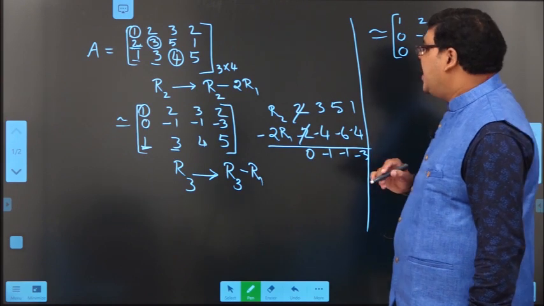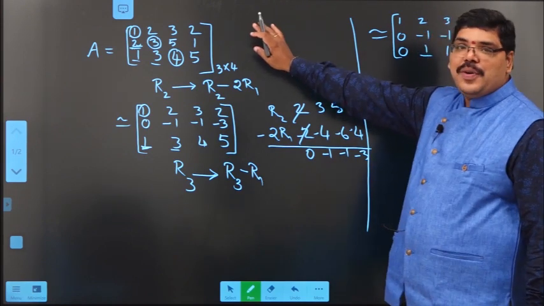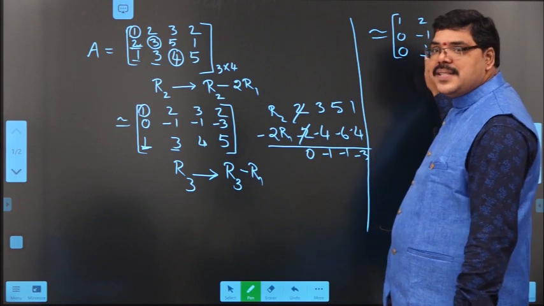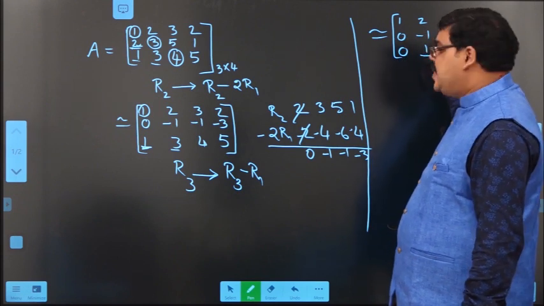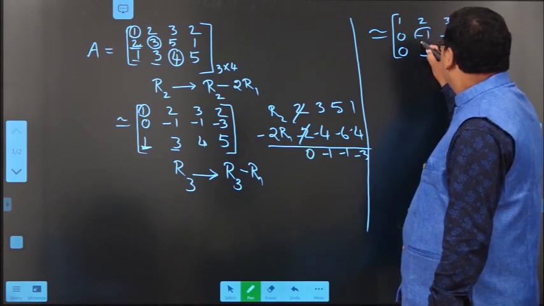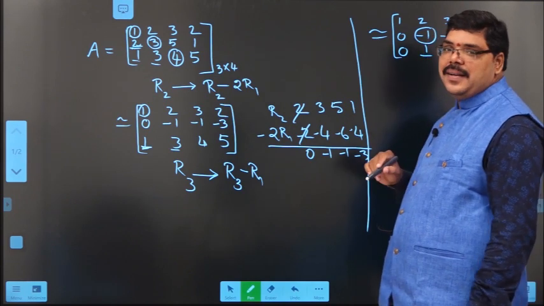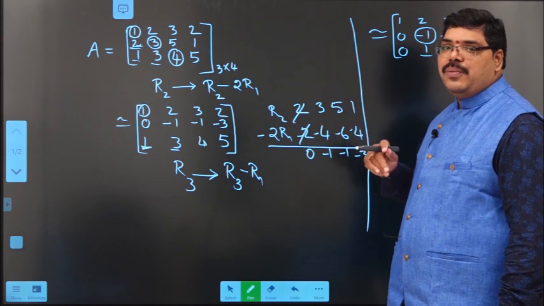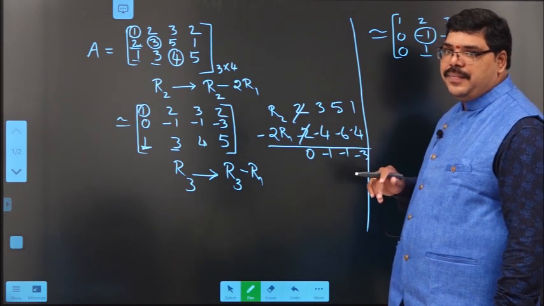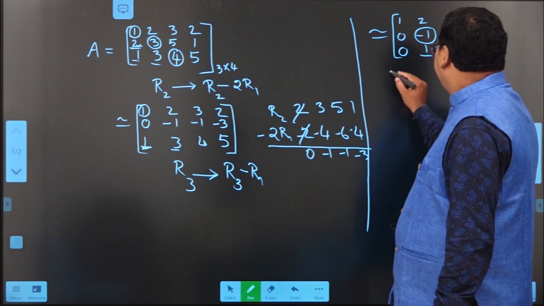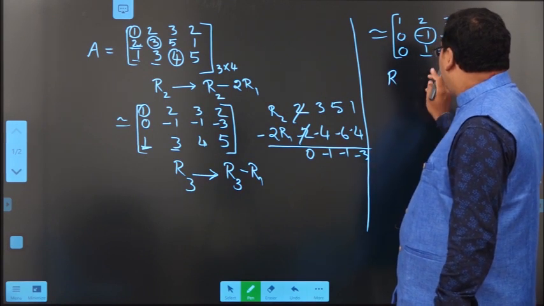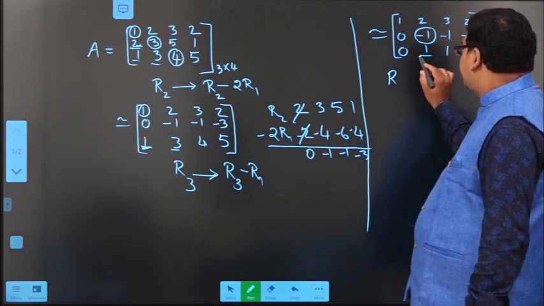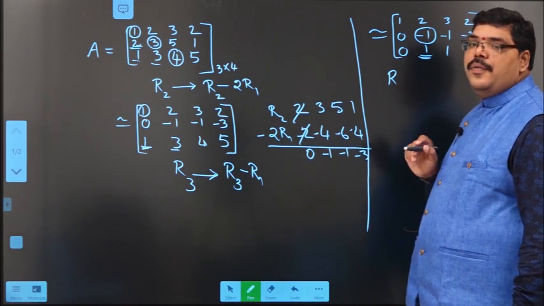What is the second diagonal element? Don't go for the original matrix. In this matrix, the second diagonal element is minus 1. It is in the second row. So, use R2 and change R3 in the desired way. I want to convert this position into 0, which is in the third row.